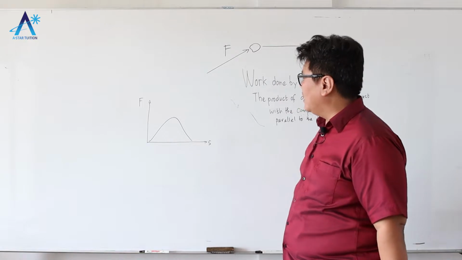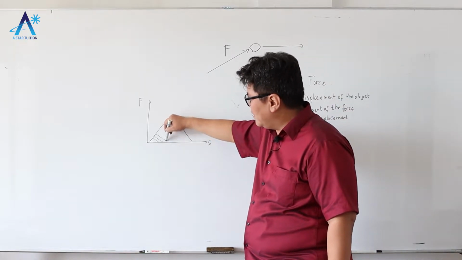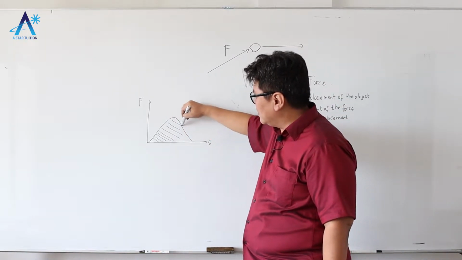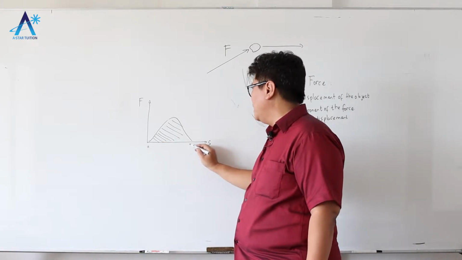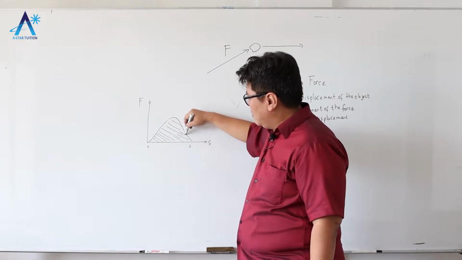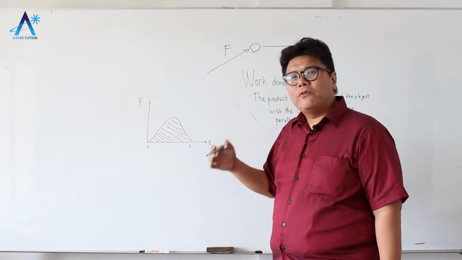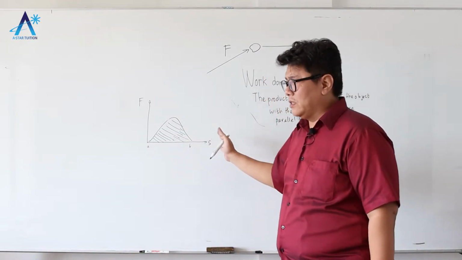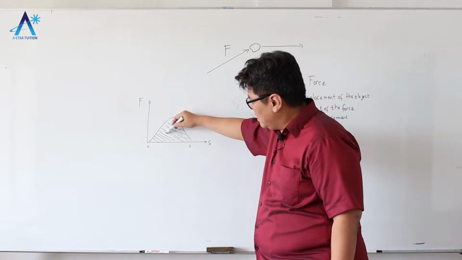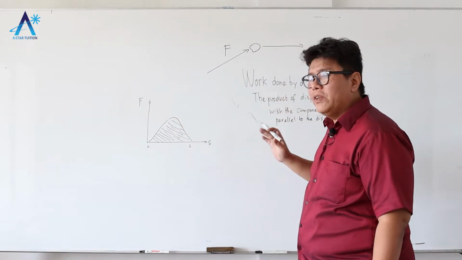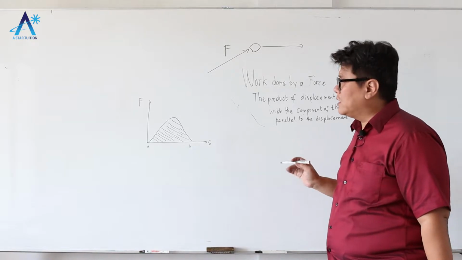In this case, the area under the graph represents the work done from position A to B. When the force is constant, you can also use this method. But the previous method only works when the force is constant.